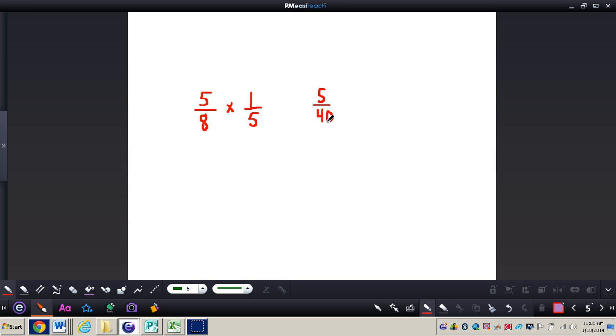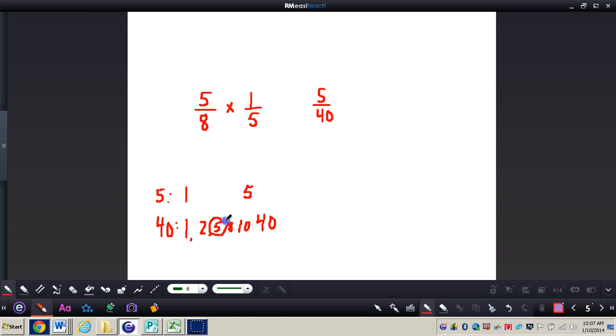Now what we can do here, we're going to simplify, so we're going to find the greatest common factor of 5 and 40. And what we will do, we will just write the factors of 5, 1 and 5, and then 40, 1 and 40, 2 and 20, then 5 and 8.